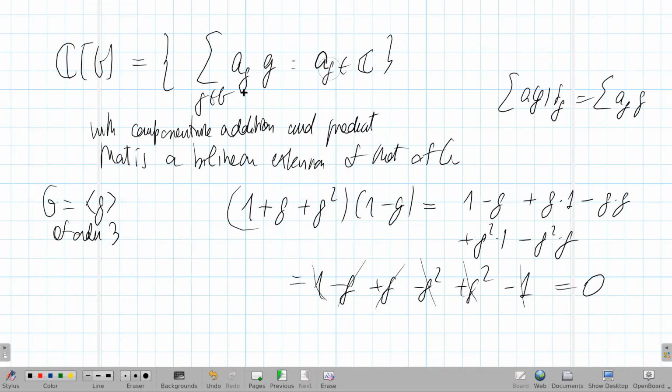So that's in practice how you work with the group algebra. The elements are formal linear combinations of the elements of G, but remember that we have a definition through these functions, okay, and then you simply distribute and multiply as in G, okay.